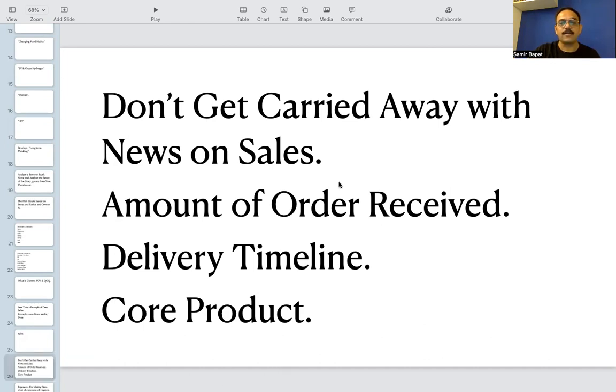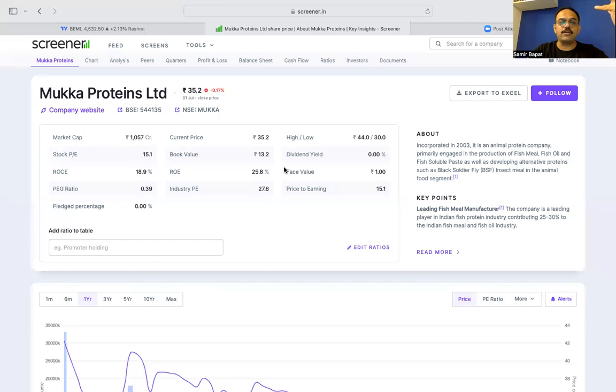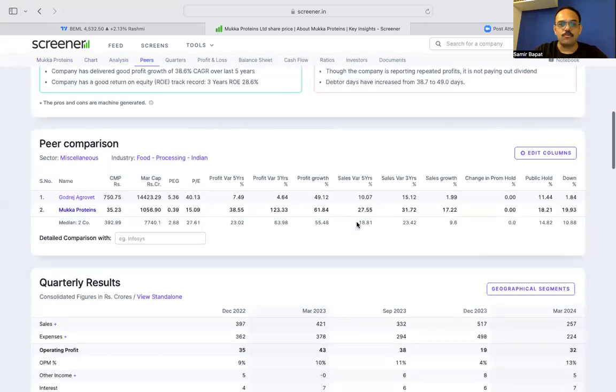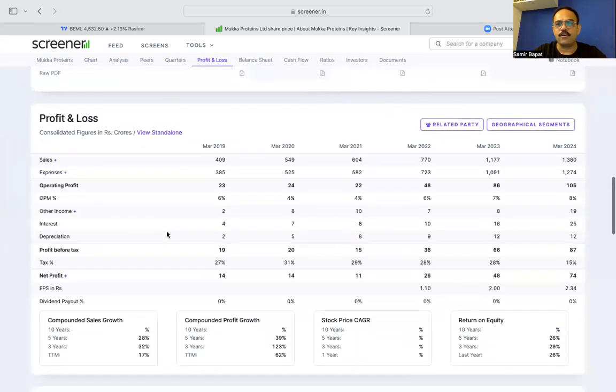Meaning what? Meaning, if we go to Mukka, let's say Mukka, if someone says Mukka is going to receive a 200 crore order, it has received a 200 crore order from falana company, you go and check its profit and loss. You have to go to profit and loss.